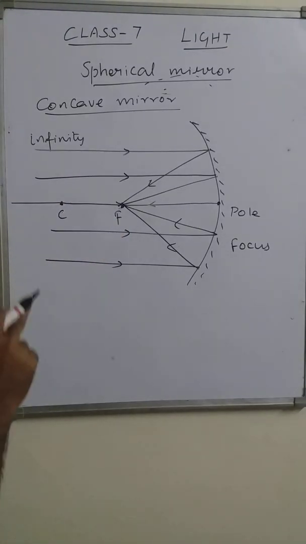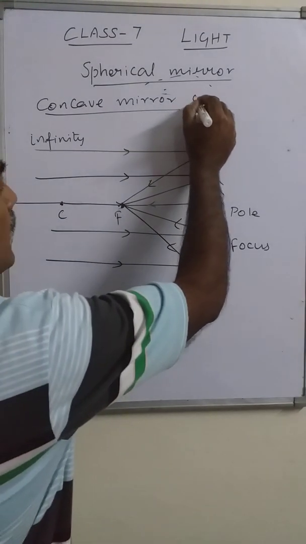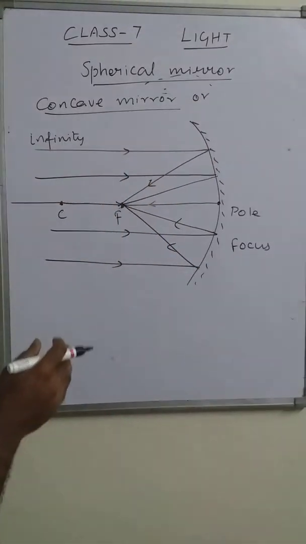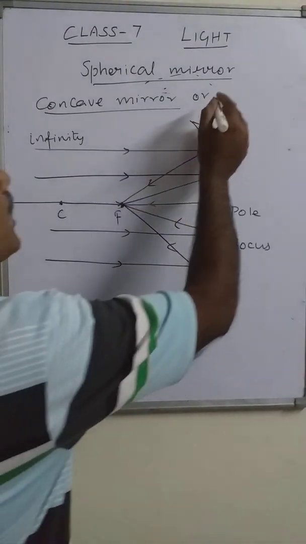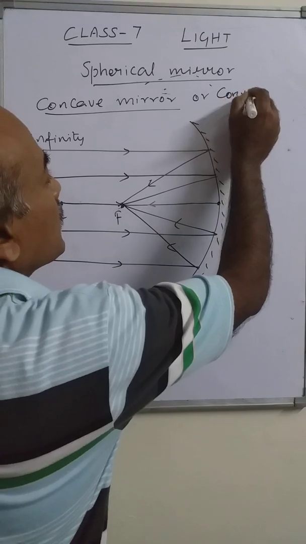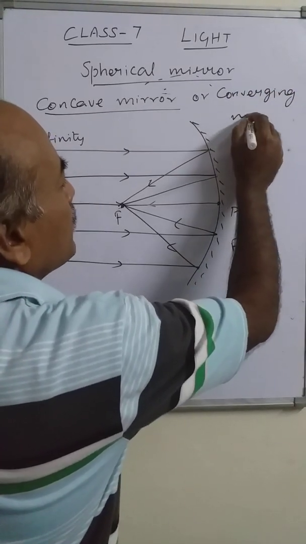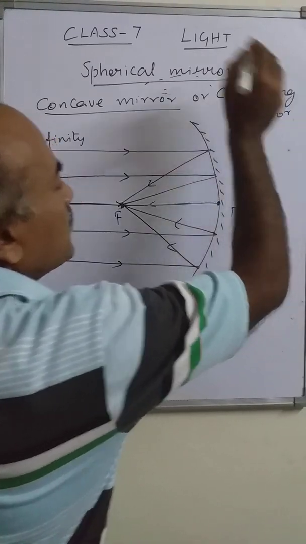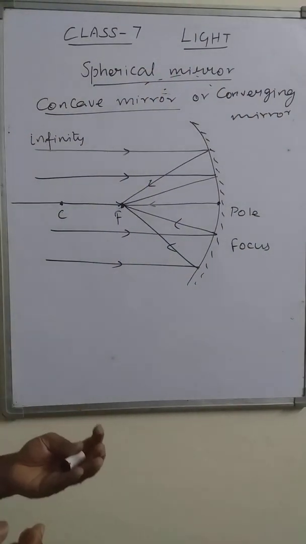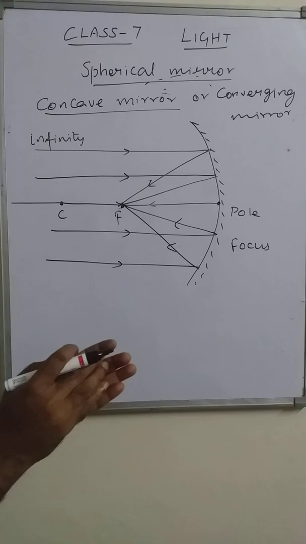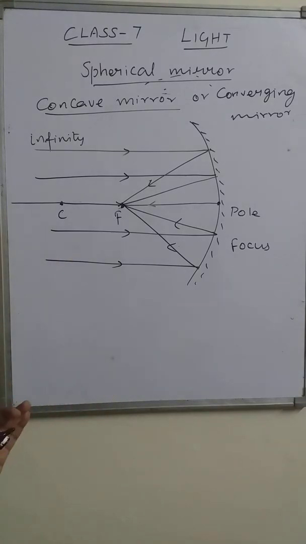That's why we can also call this concave mirror a converging mirror. Concave mirror is also known as converging mirror, right? So converging mirror or concave mirror, both are the same. Only the name is different.